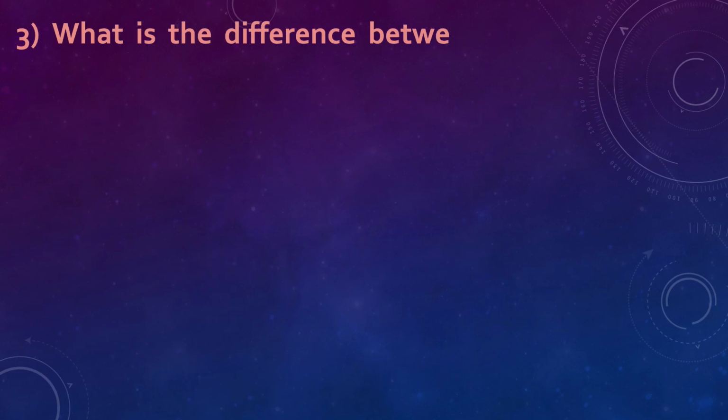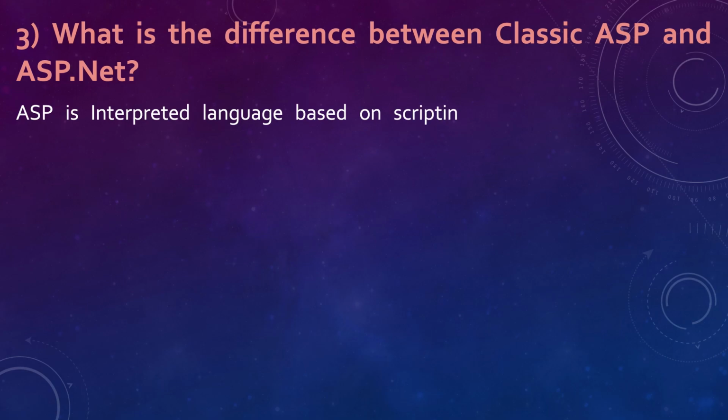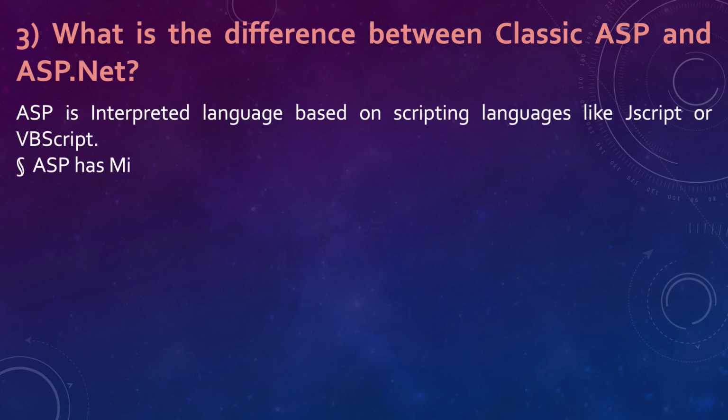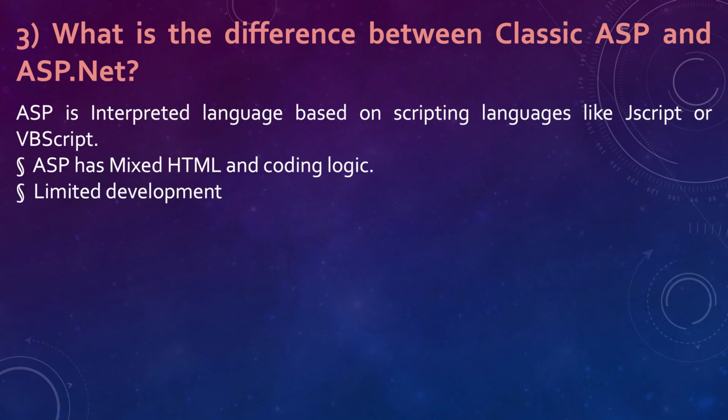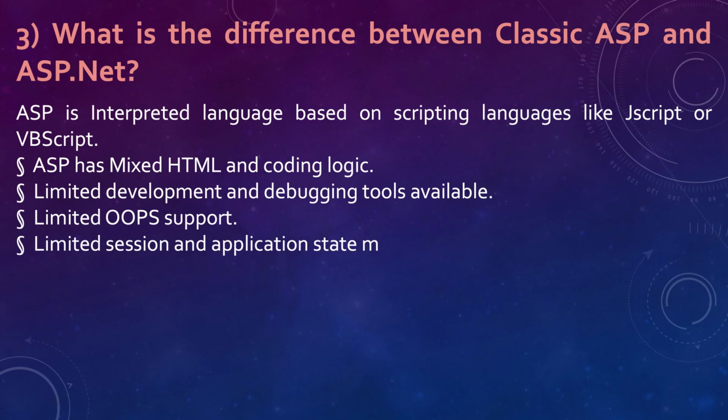What is the difference between classic ASP and ASP.NET? ASP is an interpreted language based on scripting languages like JavaScript or VBScript. ASP has mixed HTML and coding language, limited development and debugging tools available, limited OOP support, limited session and application state management.